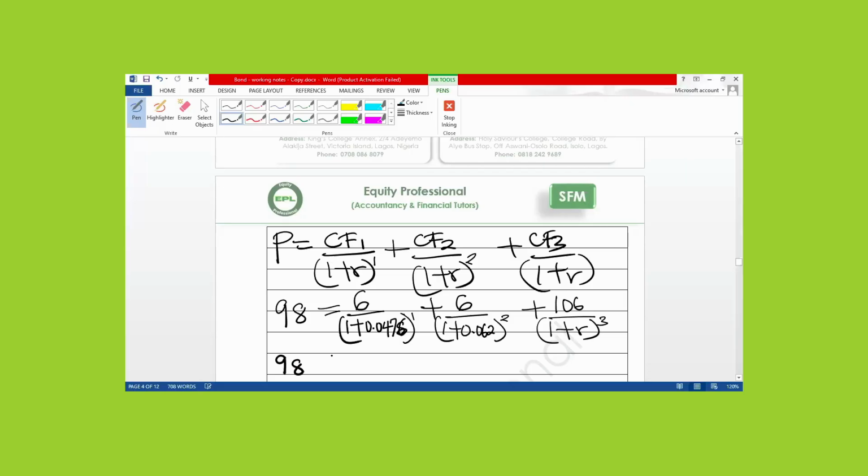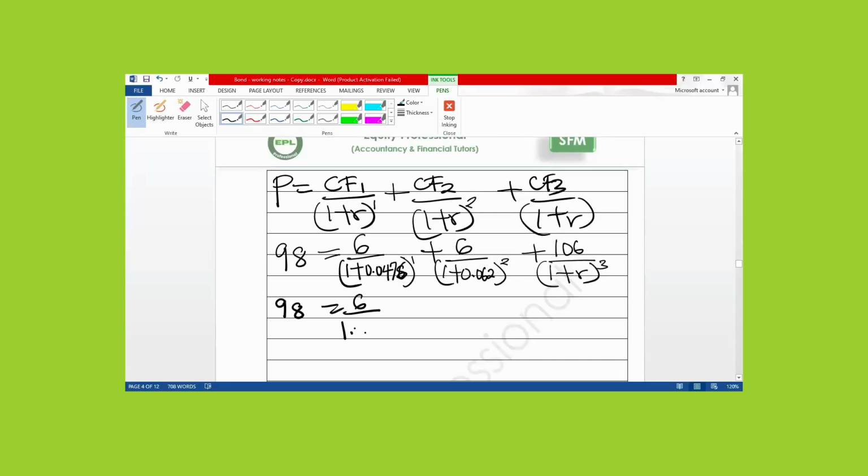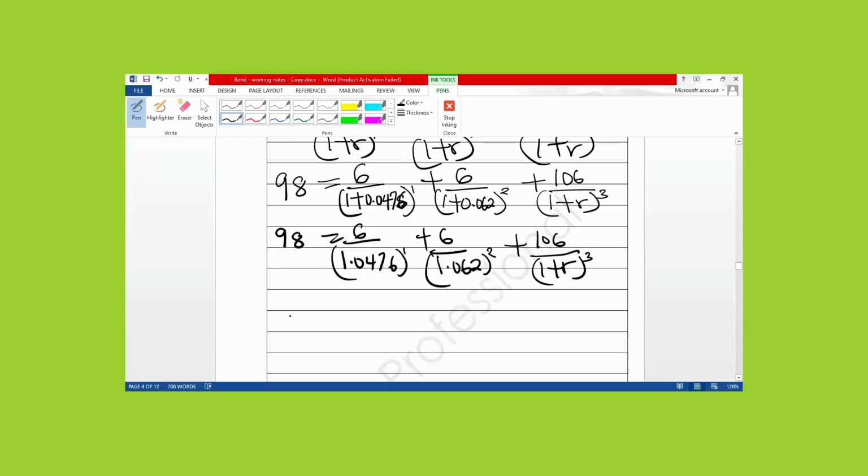I'm trying to derive it. 98 is equal to 6 divided by 1.0476 raised to power 1, plus 6 divided by 1.062 raised to power 2, plus 106 over 1 plus R raised to power 3. 6 divided by 1.0476 is 5.727. 6 divided by this, 5.320.